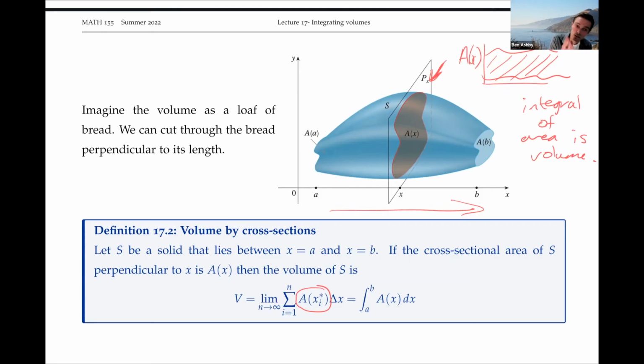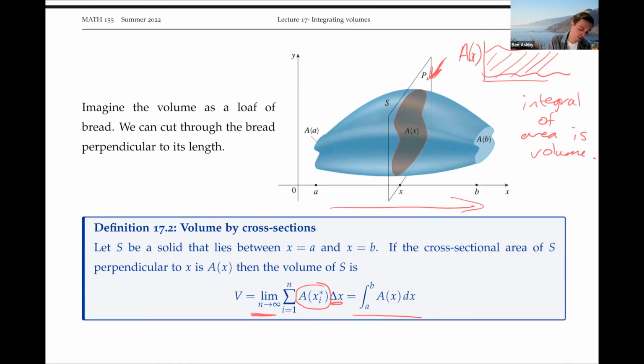The area corresponding to that cross section at xi, or xi star, times the width of that cross section, delta x. As we take more and more cross sections, as n tends towards infinity, that delta x is going to tend towards 0, and this whole thing turns from a Riemann sum into an integral.